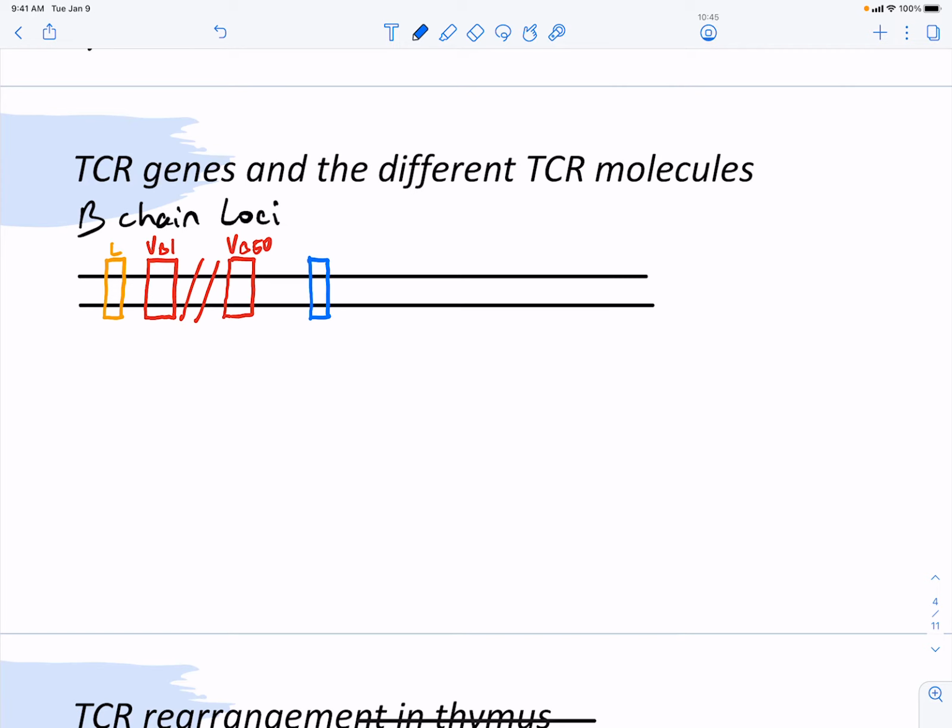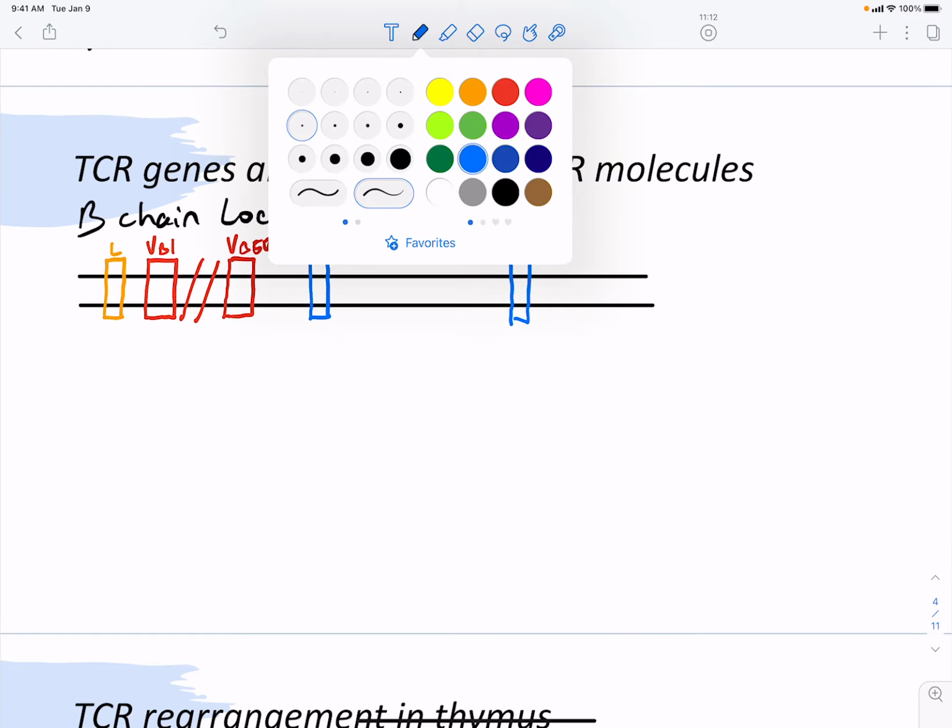And so you have diversity beta 1. And the diversity genes are different in your beta loci than they were in your antibody. They're not connected, and there's only 2. So you have a diversity beta 2, but it's down further in the gene. Now next to diversity beta 1, you'll have your joining genes.